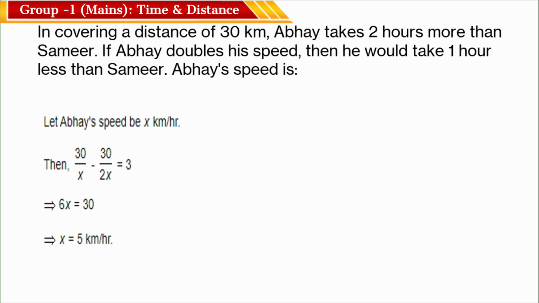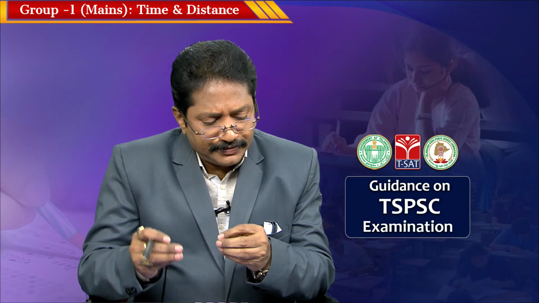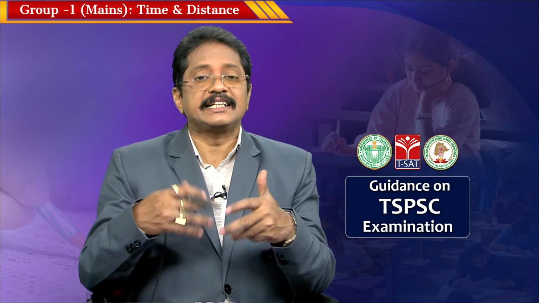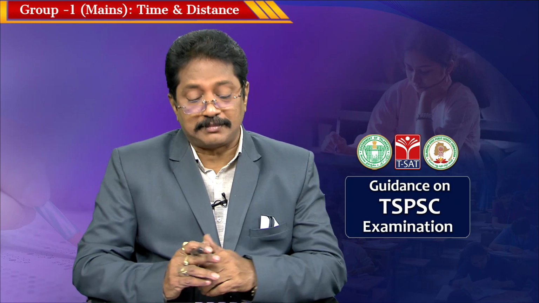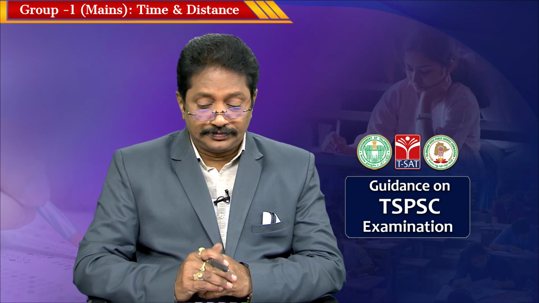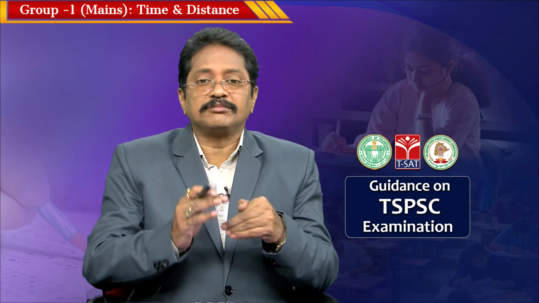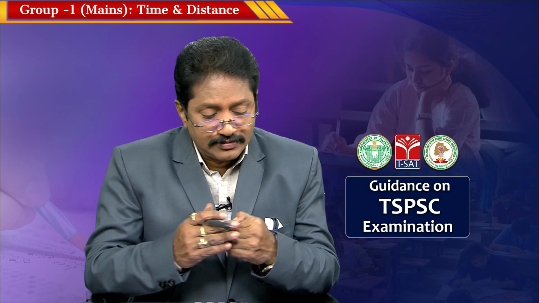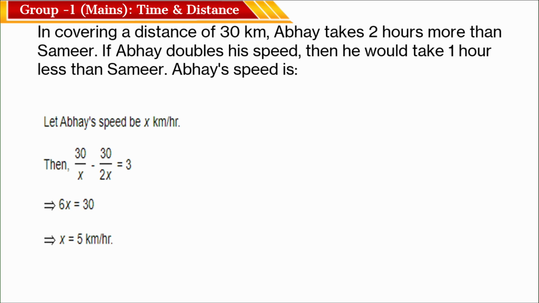Okay, A takes 2 hours more than Samir because he drives the vehicle a little bit slower. A doubles his speed. When he increases speed to double his actual, then he would take 1 hour less than Samir. Okay. So when he travels actually he travels 2 hours more than Samir, when he drives very slowly.